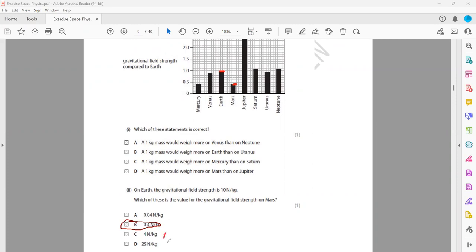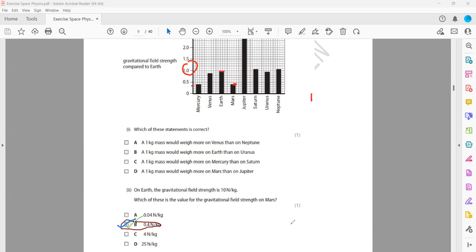So options C and D can be an answer, because there's a value of gravitational field strength. So when you compare this, if this was 1 and this is 0.4, but this is a comparison.